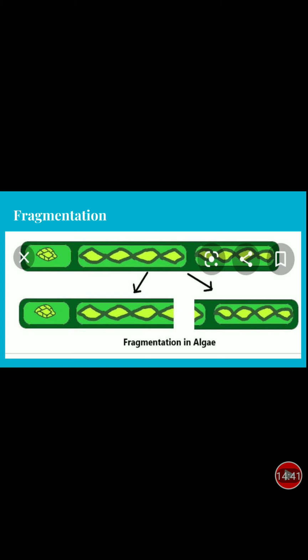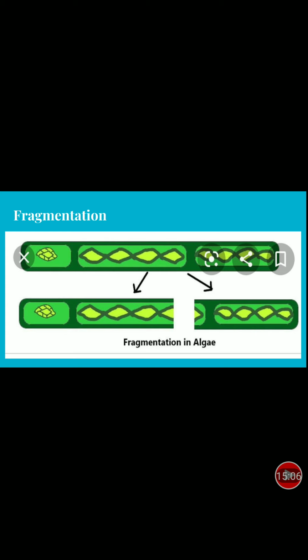This is very important. Learn the spelling. Fragmentation. This is one vegetative propagation. An alga, singular, breaks up into two or more fragments, one becoming two.